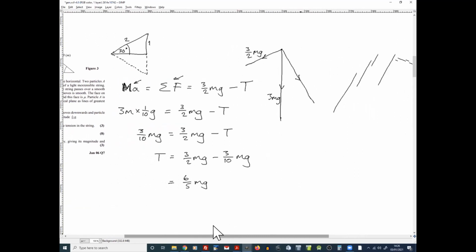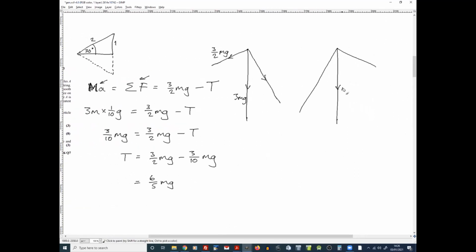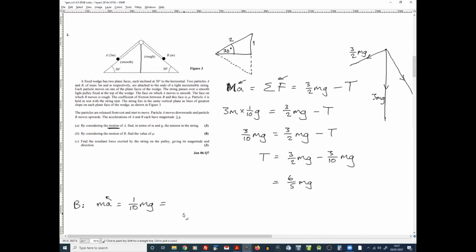So acting down the slope for particle B, it's half mg. Good. So that's going to be negative, isn't it? We're looking up the slope. So minus a half mg, that's a good start.